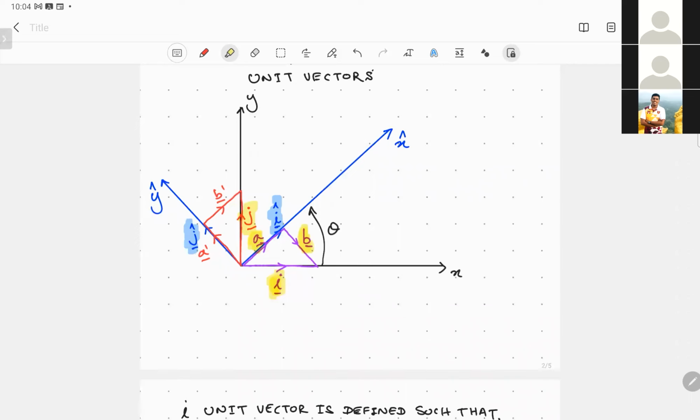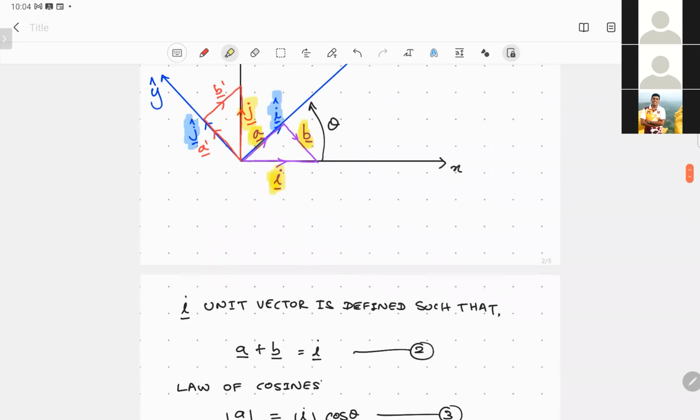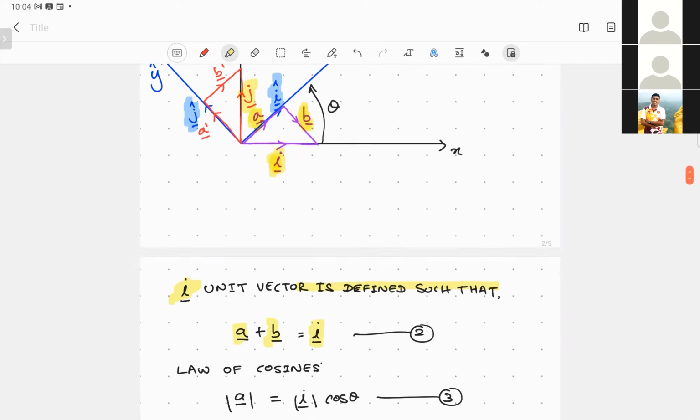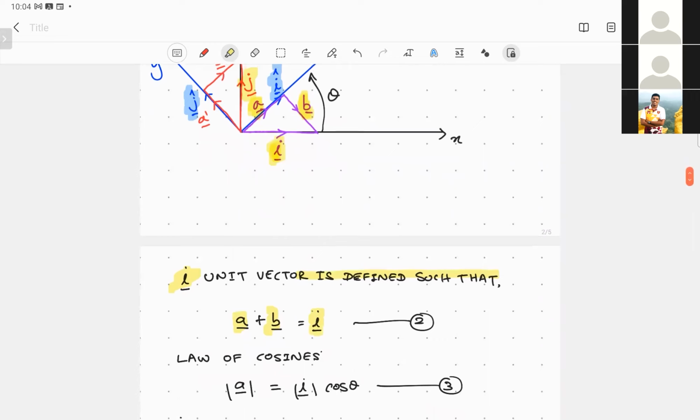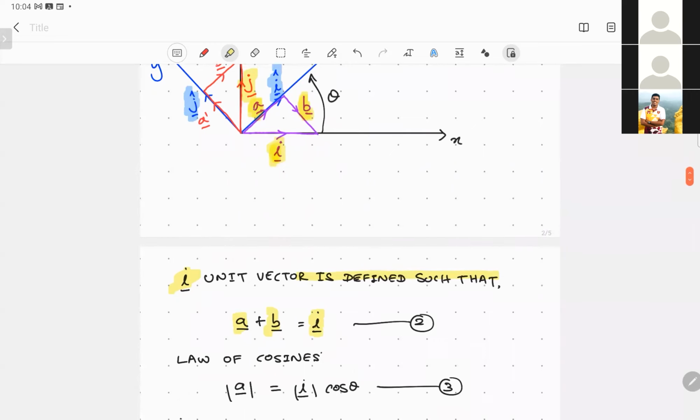Using the a vector and b vector, we define them such that the sum of a and b gives the unit vector i. This is quite clear, isn't it? Considering the cosine laws, you can obtain a in terms of the ith unit vector. What is a now?